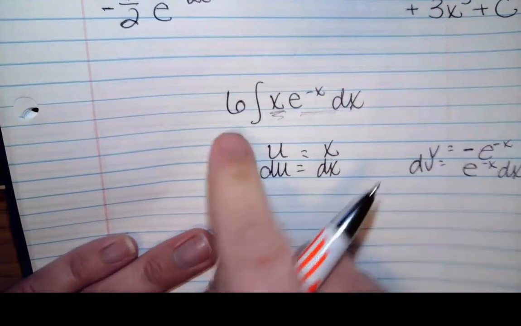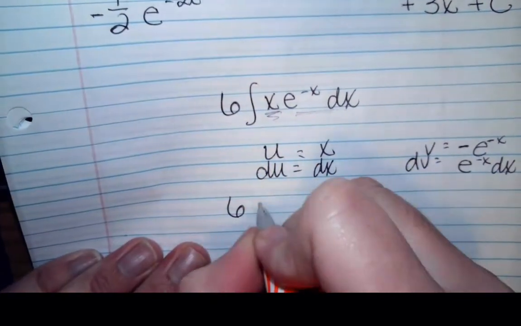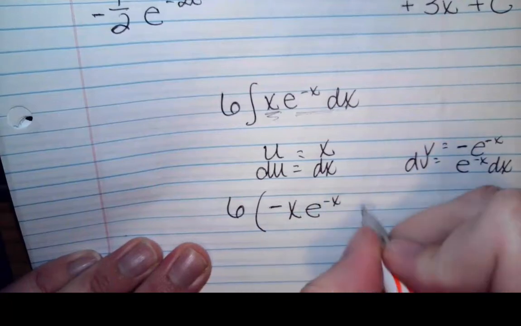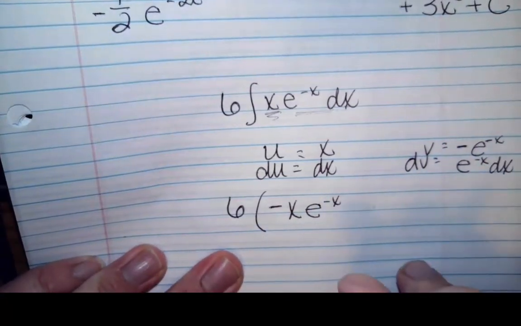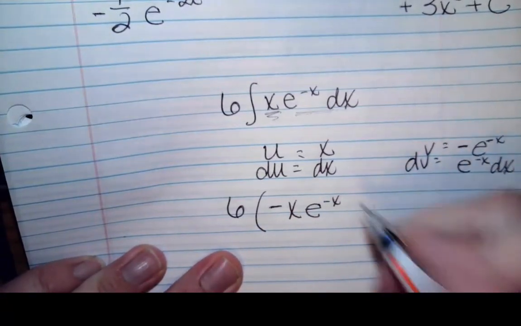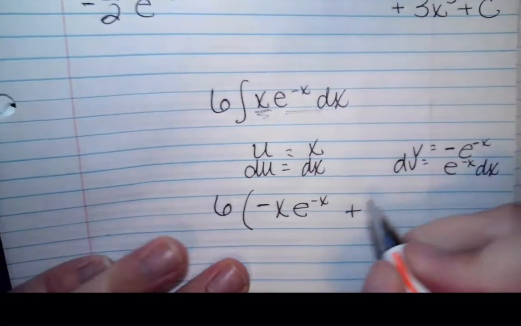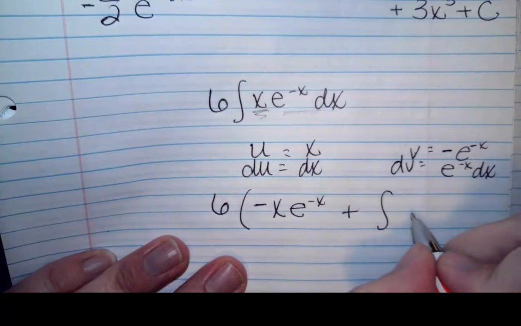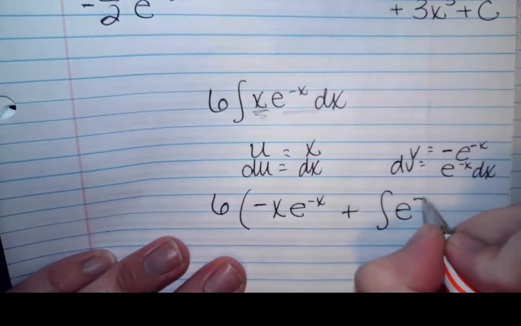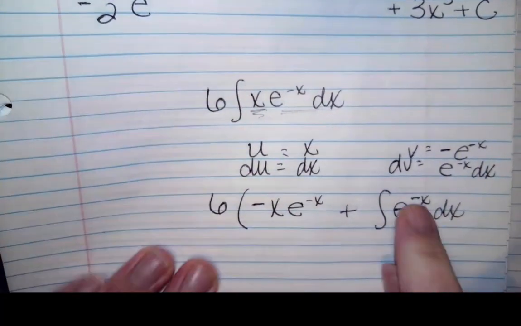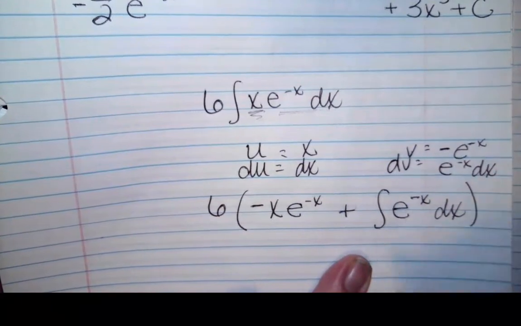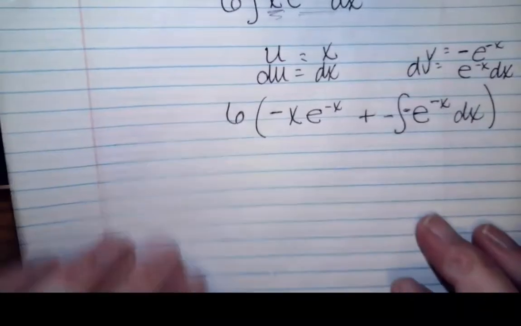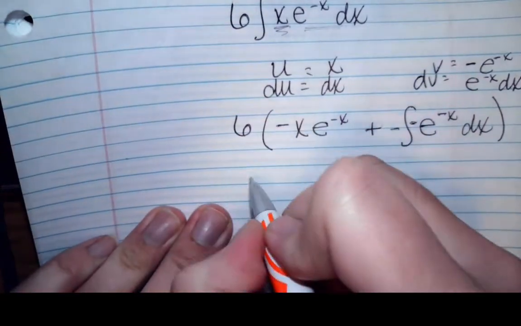Okay, so my answer, remembering my 6, is uv, so negative x e to the negative x, minus the integral. Minus a negative is going to turn positive. Minus the integral of v du, sorry. So e to the negative x dx. And once again, I'm in that situation where I need a negative, so balance with a negative. This final term is going to get the 6.